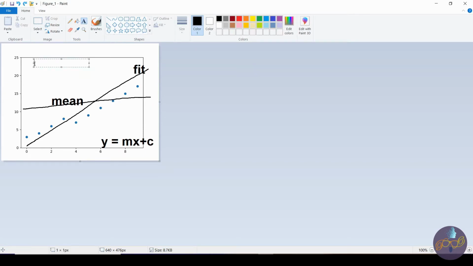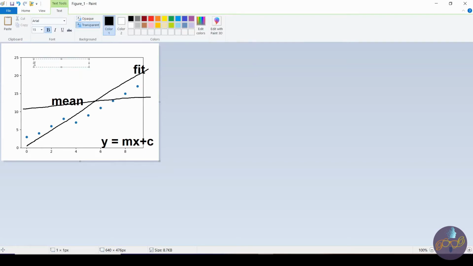Now let's write the equation of squared error. So R squared is equal to 1 minus, in round brackets, the squared error due to the fitted line divided by the squared error due to this mean constant line.